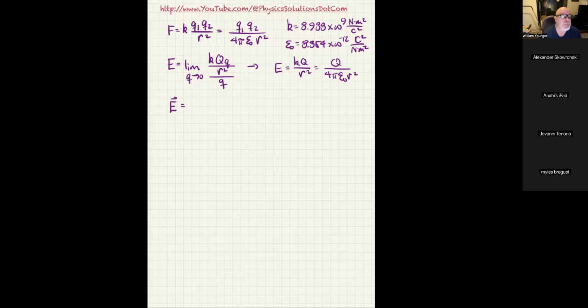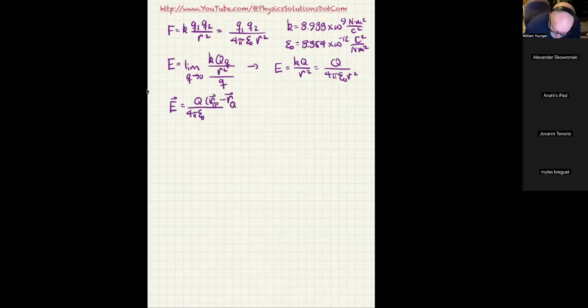So what I'm going to do is say that there's a charge Q, and then there's a 4 pi epsilon naught, but now I need a vector that actually points in the direction of the electric field, and that vector is RP minus RQ.